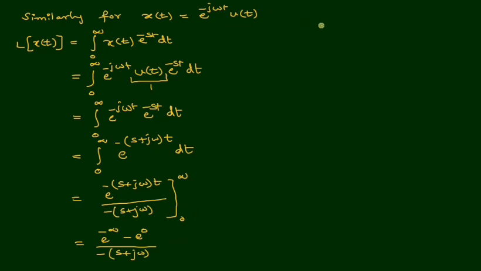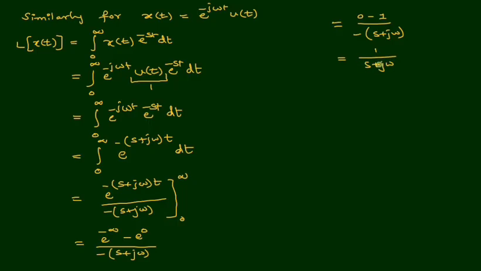Now we further simplify it to get the final value of Laplace transform for the exponential signal. So it equals e power minus infinity is 0, minus 1, divided by minus of s plus j omega. That gives us 1 by s plus j omega.